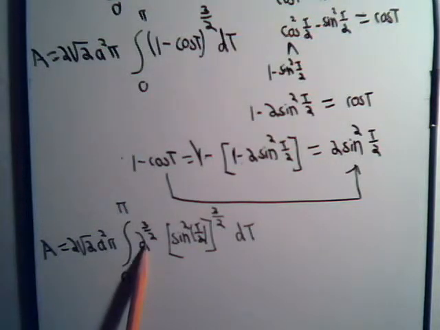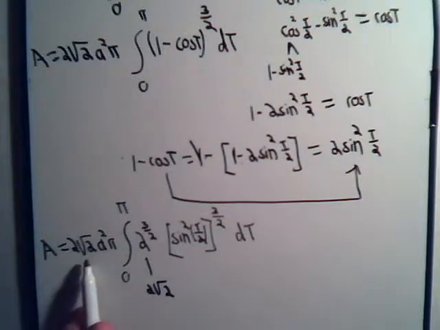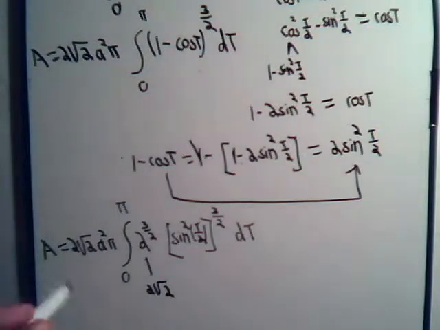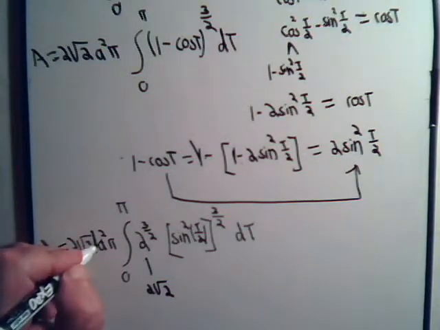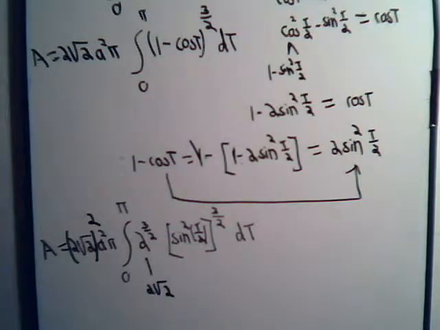2 to the 3/2, that's 2 times the square root of 2. So we take that to the outside. We already have a 2 times the square root of 2 sitting out here. So this is going to be 2 times the square root of 2 squared, and then this goes away.